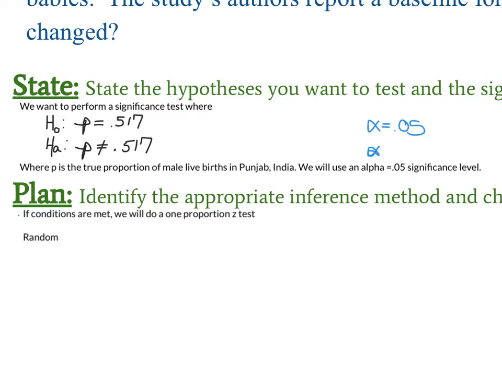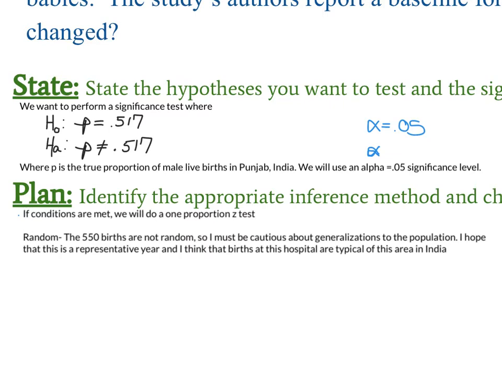If this would happen to you on the AP exam, you would still continue with your significance test, okay? But you're going to make a statement of caution. So I've stated that the 550 births are not at random. So I must be cautious about generalizations to the population.